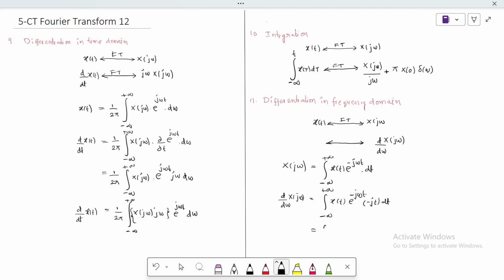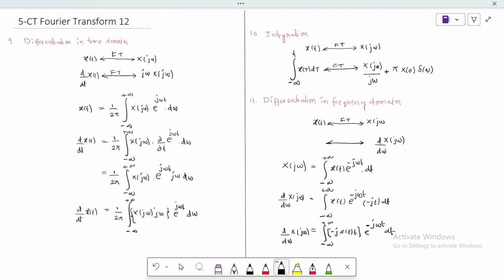So here we are getting −j x(t) into t into e^(−jωt) dt. This is d/dω X(jω).